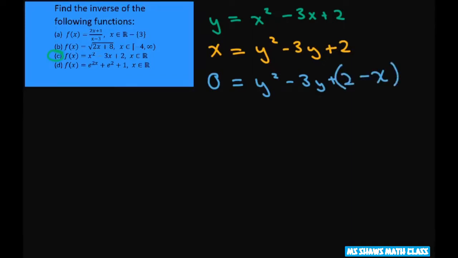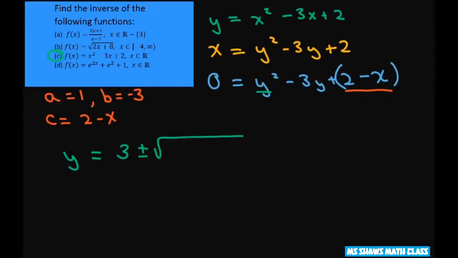So when you do your quadratic formula, this is going to be your c part. Your a is 1, your b is negative 3, and your c is going to equal 2 minus x. Using the quadratic formula, solving for y, you get y equals negative b, so that's 3, plus or minus square root of negative 3 squared is 9, minus 4 times a, which is 1, times c, divided by 2a.